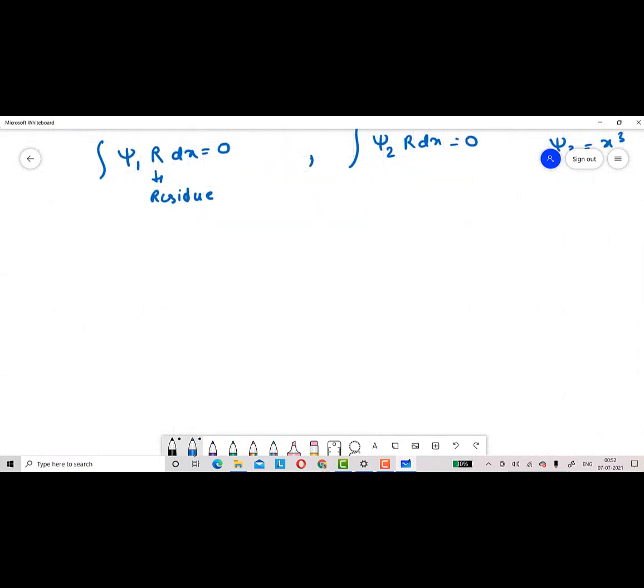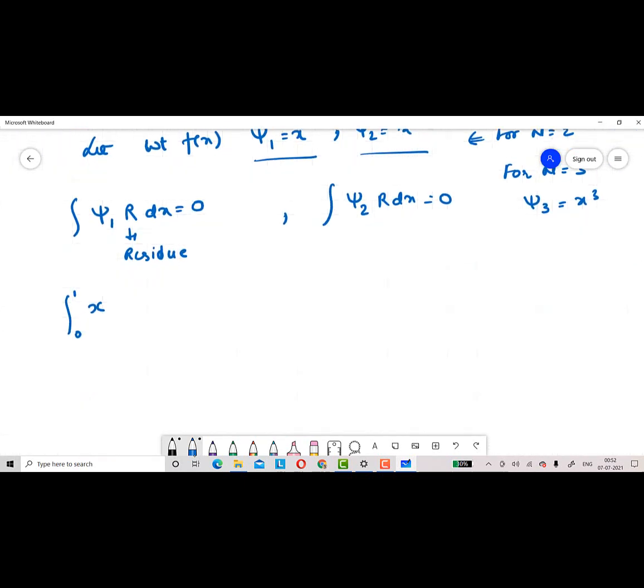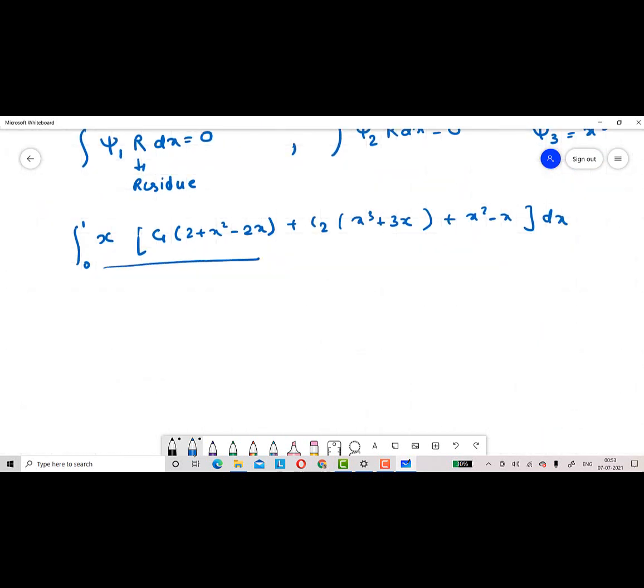First of all, just put in the values. We know the limit is 0 to 1, psi1 is x, and R we have calculated. R is C1 times (2 plus x square minus 2x) plus C2 times (x cube plus 3x plus x square minus x) dx. We will just take out these terms and integrate.